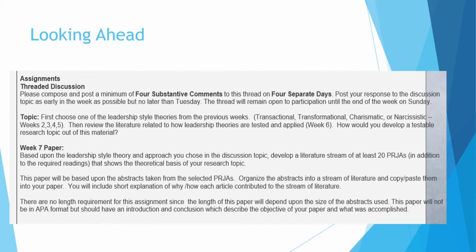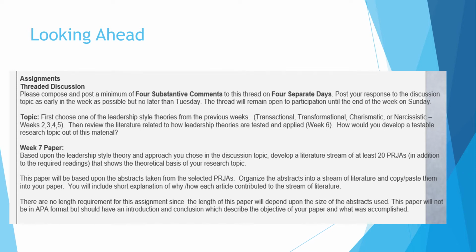And this again is in anticipation of what you need to do in the dissertation. What you're going to be turning in is not a paper in a standard APA format. It's going to be copied and pasted abstracts from the journal articles with a little bit of your writing in between to explain how this particular journal article and the ideas presented in it lead to your literature stream, what you're trying to develop.